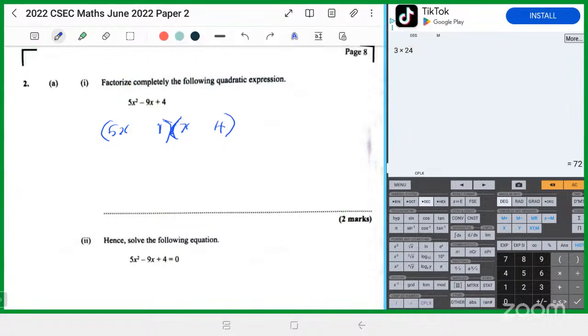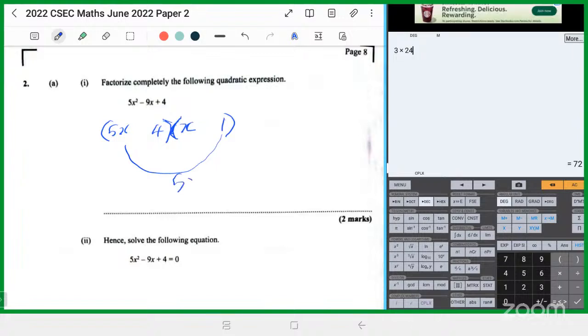After a while, you'll be able to just look and know. Here, the far product is 20x and the near product is 1x. These add to 21x, but my middle term is 9x. So it means the 1 and the 4 are not placed the right way. I need to reverse them. So I put the 4 here and the 1 here, and then the far product is 5x and the near product is 4x, and these add to 9x.